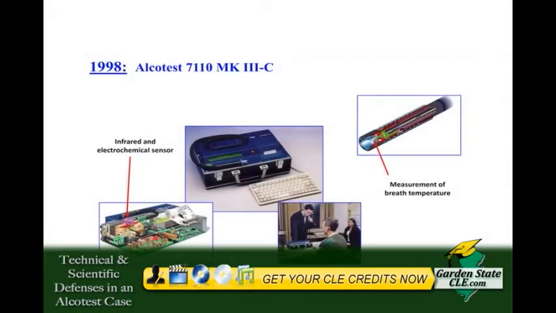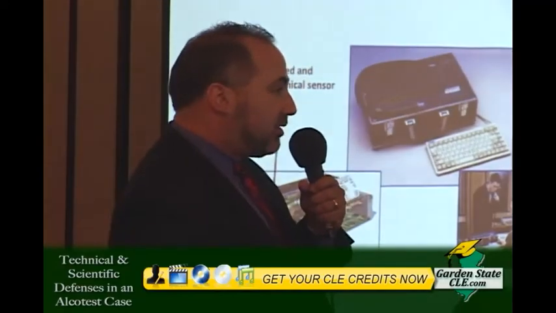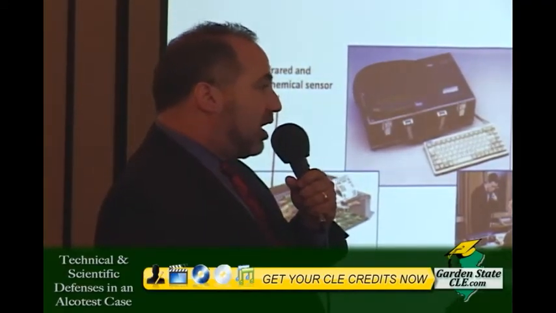Now, we're going backward a little bit, but we have the birth of the Alcotest. 1998 was the MK3C, and of course the C, as everybody probably knows at this point, is for the modem, the computerized back and forth of the information that we're supposed to be getting. Now we have the data download, which is, if you get nothing else from today's seminar, this is the man right over here.